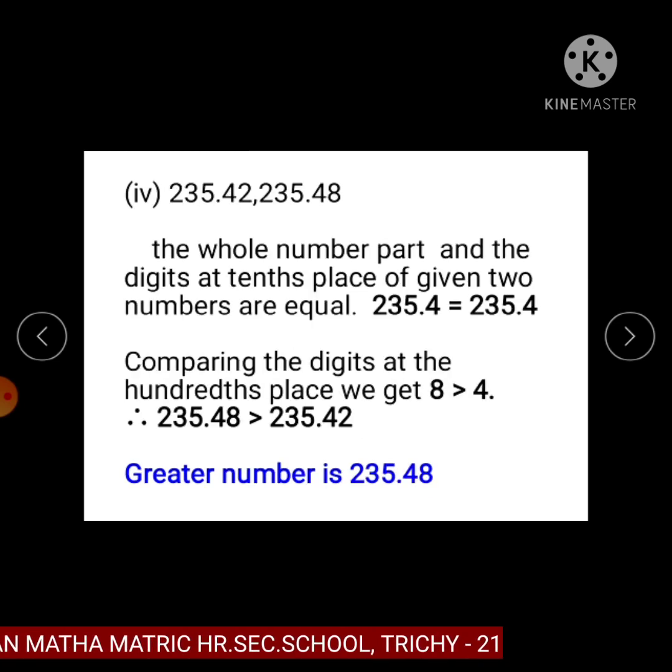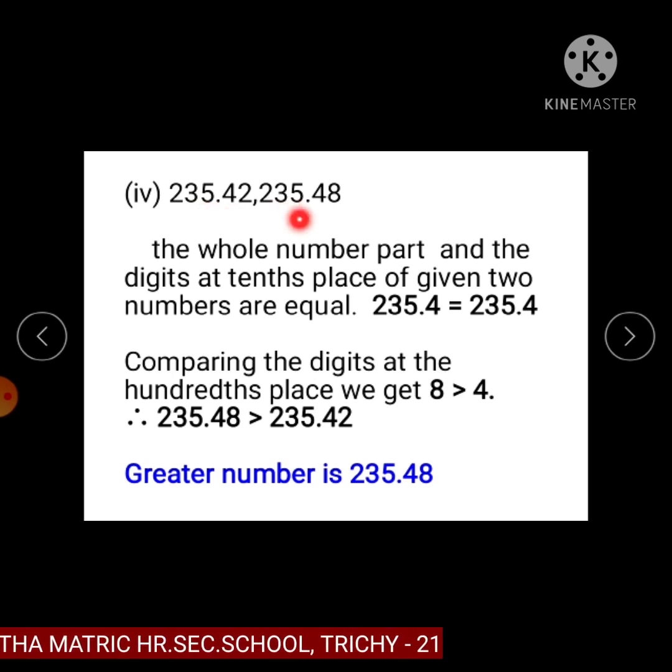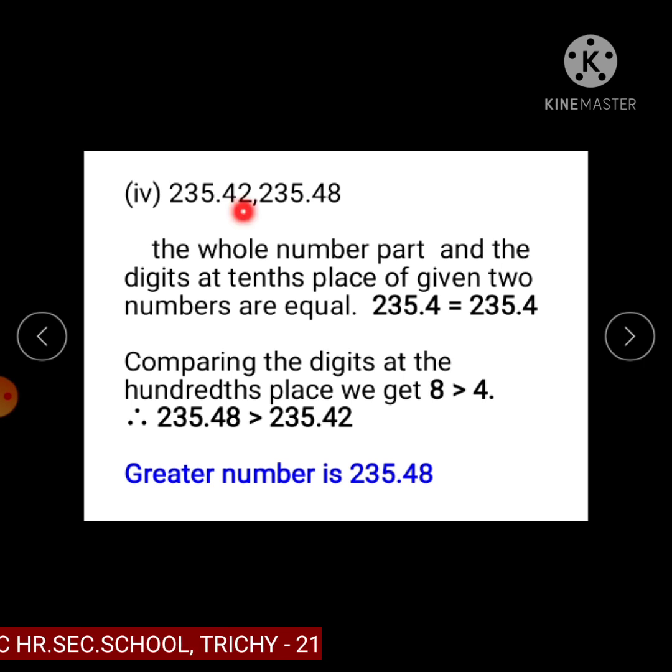Subdivision 4. 235.42 and 235.48 are the given numbers. First we compare the numbers. Here the whole number part and the digits at the tenths place of the given numbers are equal, that is 235.4 equal to 235.4.